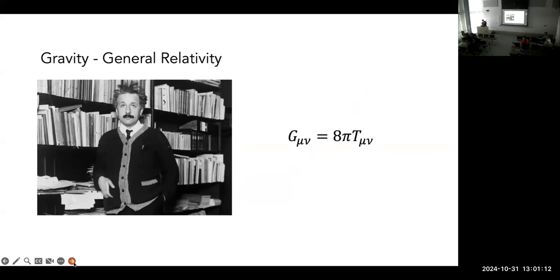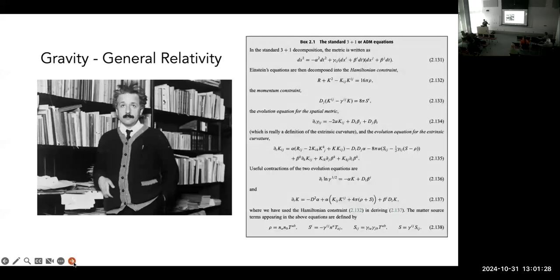He wrote down here the Einstein field equations, which describe gravity significantly better than what Newton did. However, if you actually want to simulate these, you have to write them in a form where time and space are explicit. Here they are not. That took another roughly 40 to 50 years until they found this formulation, the ADM formulation of general relativity.